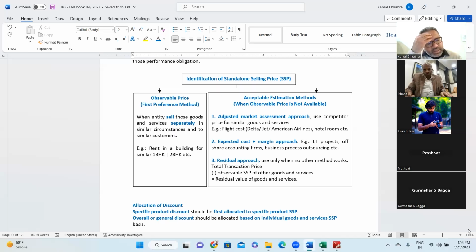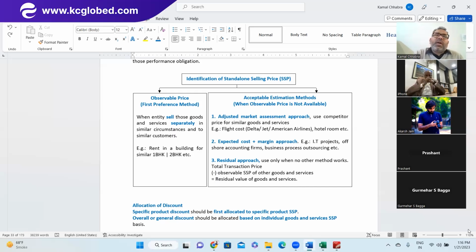Maybe you have set up a startup and come up with a new drone manufacturing setup in India. How do you identify the price, and what would be the right pricing of the drone in India? You'll see the competition price, which is how much the pricing is of the US company landing in India, or a Chinese company, or maybe Israel companies landing in India.